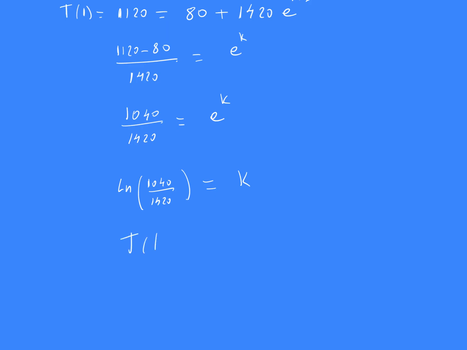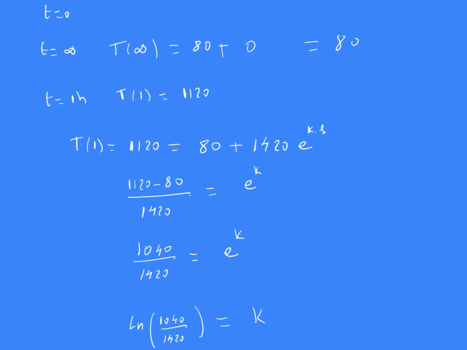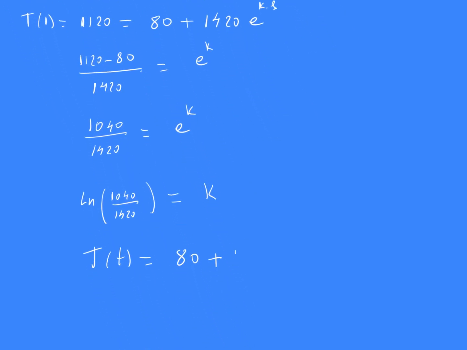T of t is 80 plus 1420 e to the kt, e to the natural log of 1040 divided by 1420 times t.